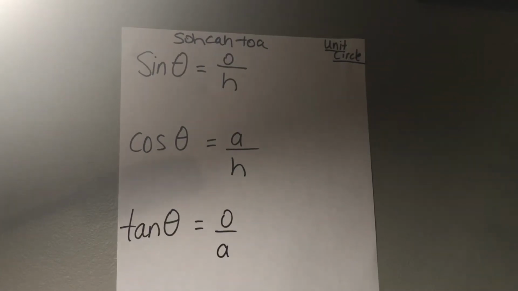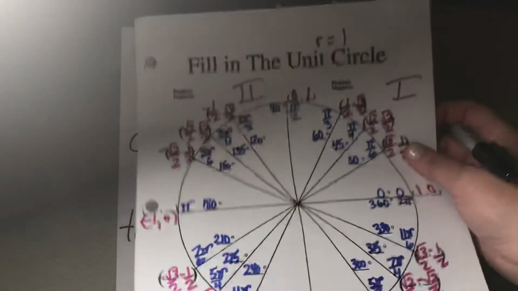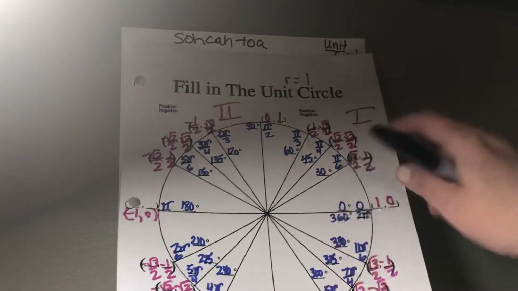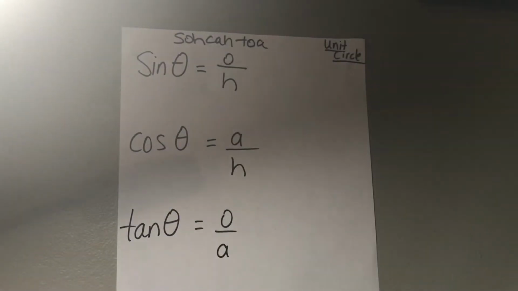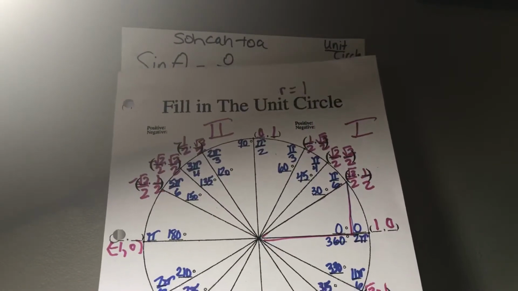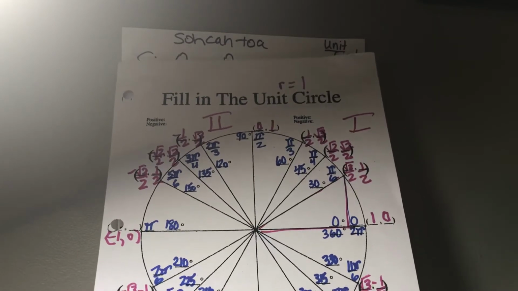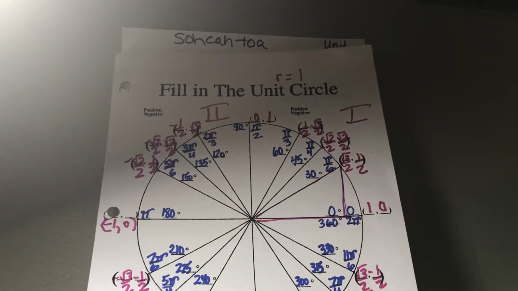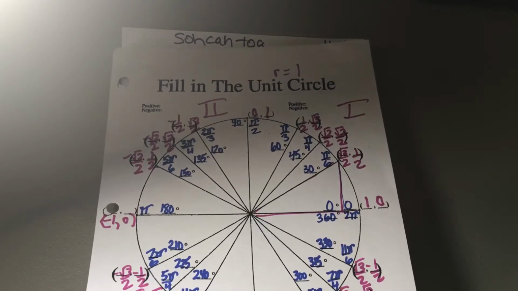So if you apply those things to the unit circle, here's what you've already done. If I go to 30 degrees, I'm going to create a triangle out of that. And I'll highlight that. So there's my right triangle at 30 degrees. If I need the sine of 30 degrees, opposite is going to be that vertical side that I just drew.